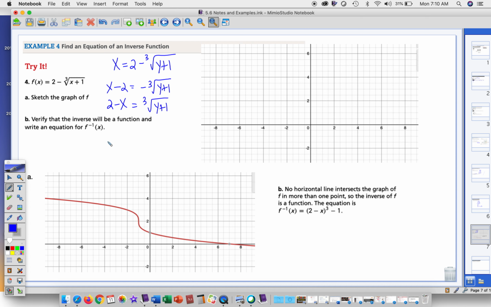Then I'm going to cube both sides. Cubing this side undoes the cube root, so I have y plus 1. So my last step is to subtract 1, and that gives me 2 minus x quantity cubed minus 1.